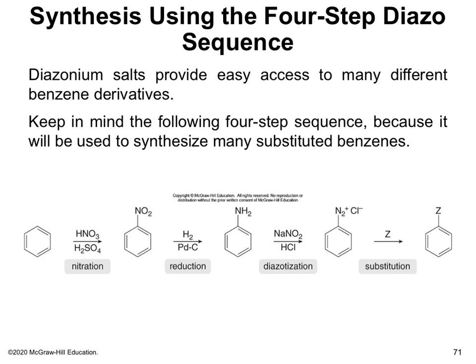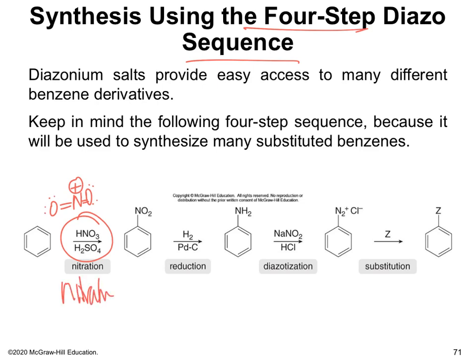Okay, so looking at a multi-step sequence, a lot of times I give you multi-step sequences, so this is something you might want to be aware of. Do you remember we take an aromatic compound and we do a nitration, the NO2? Then you can reduce that to the aniline.